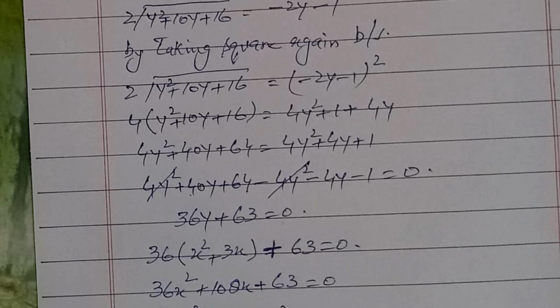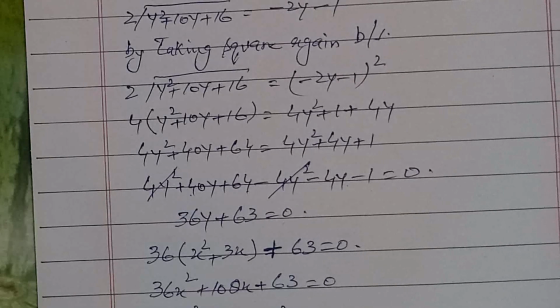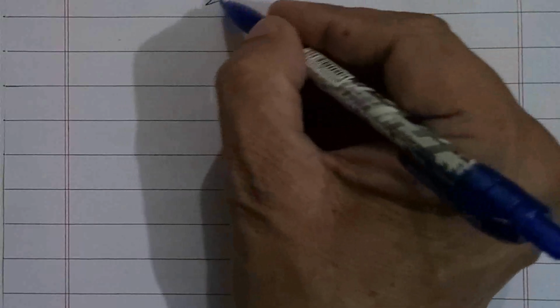So we apply the quadratic formula. For the quadratic formula, a is equal to 4, b is equal to 12, and c is equal to 7. x is equal to minus b plus minus square root of b square minus 4ac, over 2a.